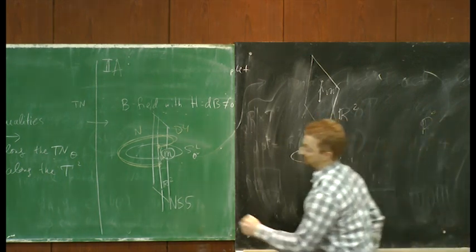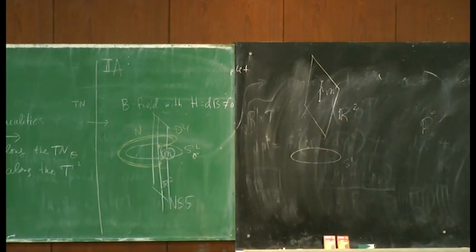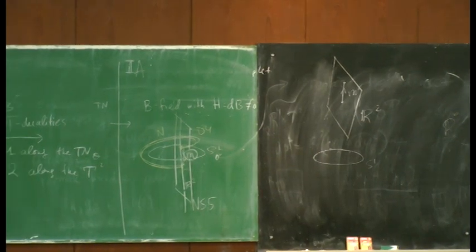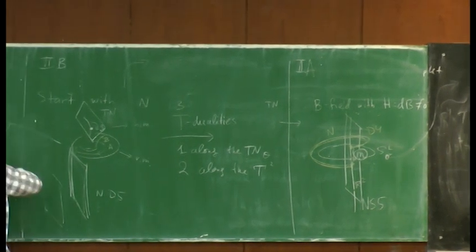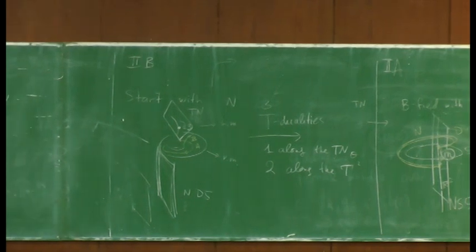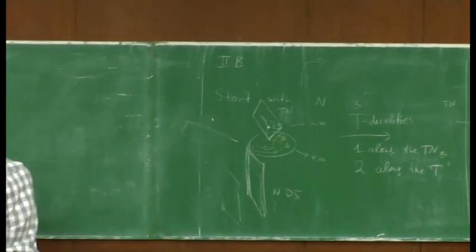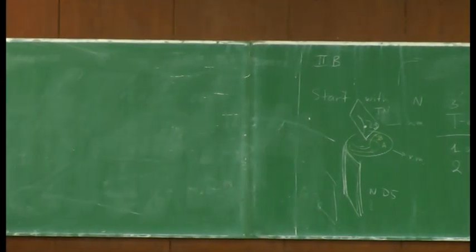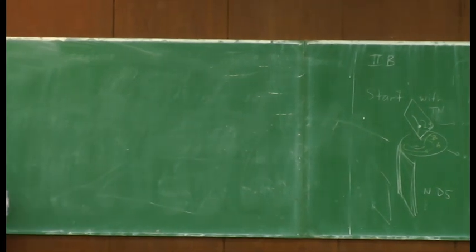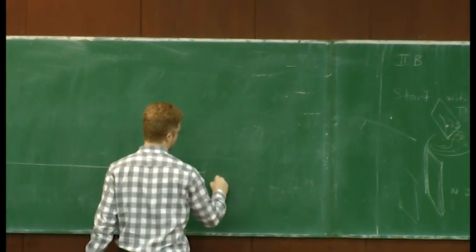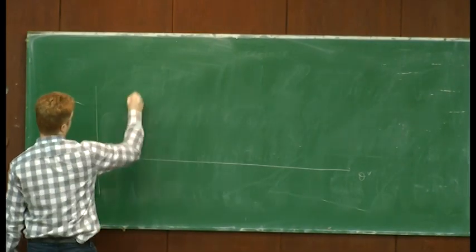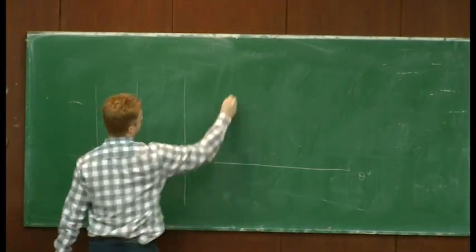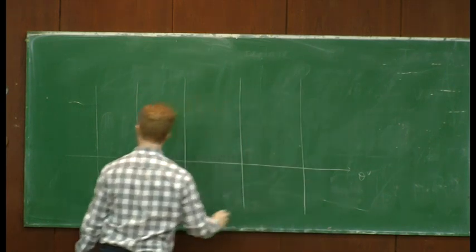I should probably draw it on that part. So it's easier to understand the geometry if you go to the covering space. So let this be the universal cover of the S1 theta check. And then these are the preimages of my NS5 brane.